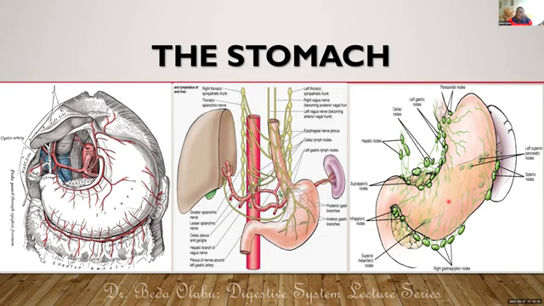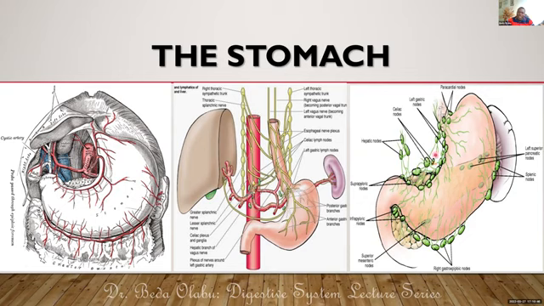The last image is showing us the lymphatic drainage of the stomach, which is also very rich. Lymphatic drainage of the stomach follows the arteries that supply the stomach. And the statement to make here is that irrespective of how these lymphatics will go, eventually they'll be directed to the celiac nodes, because the arteries were also eventually from the celiac artery.